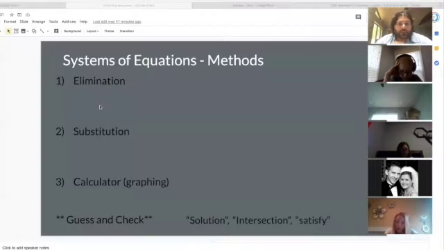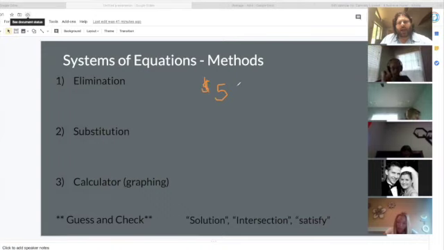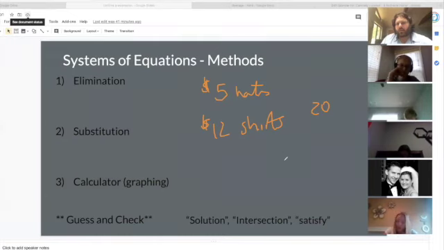All right, so that's the graphing technique. The last technique I want to talk about is this guess and check. It's more for word problems. You'll see a problem that says, I sold $5 hats and $12 shirts at a fundraiser. I sold a total of 20 items and made, whatever, $170.